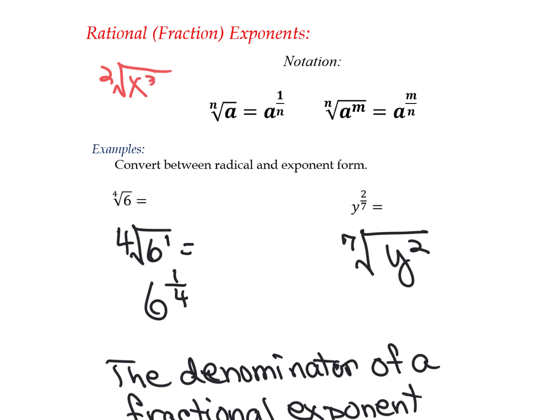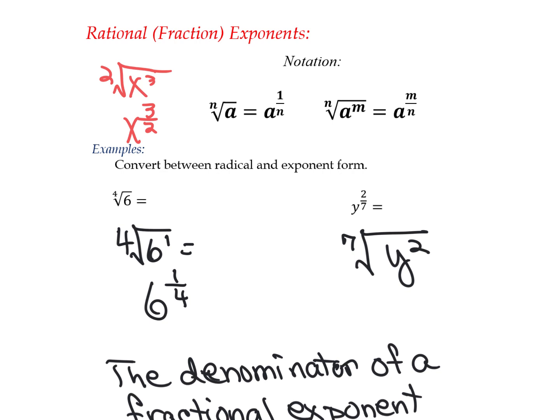If I'm writing this as a rational exponent, as a fractional exponent, what I do is I drop the radical sign, so I just have the x. The exponent is always going to be the numerator of my fraction, and the index is going to be the denominator. So the square root of x cubed is the same thing as x to the 3/2 power.